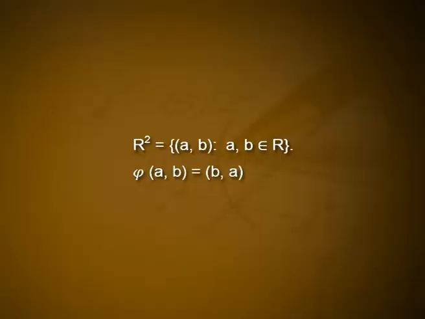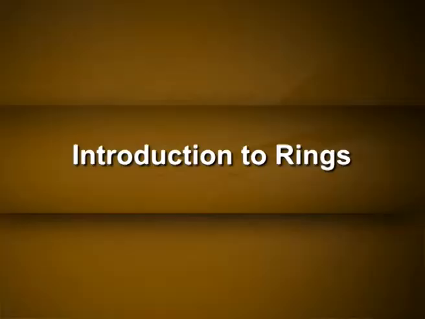Example, let R raised to 2 be the set of all (a, b) such that a, b belong to R. Then phi of (a, b) is equal to (b, a) is an automorphism of the group R raised to 2 under componentwise addition. Geometrically, phi reflects each point in the plane across the line y is equal to x. More generally, any reflection across a line passing through the origin or any rotation of the plane about the origin is an automorphism of R raised to 2.